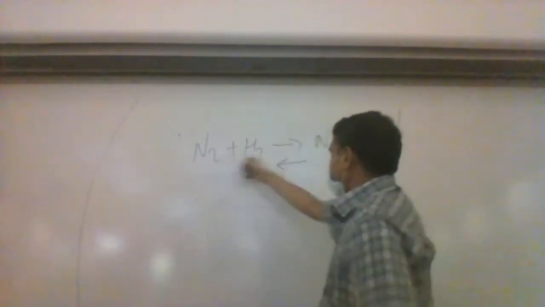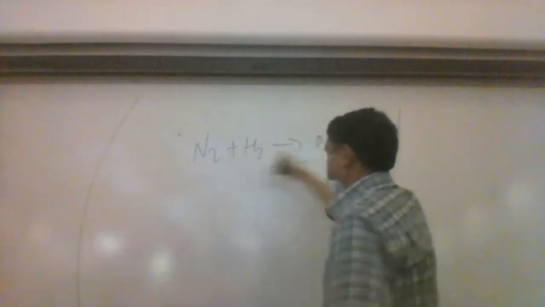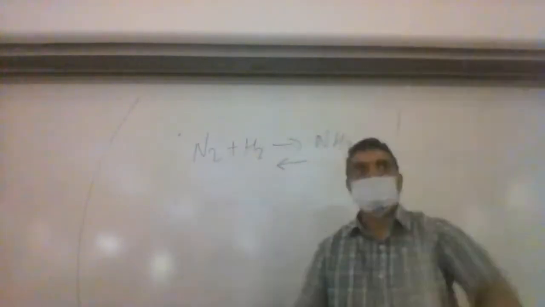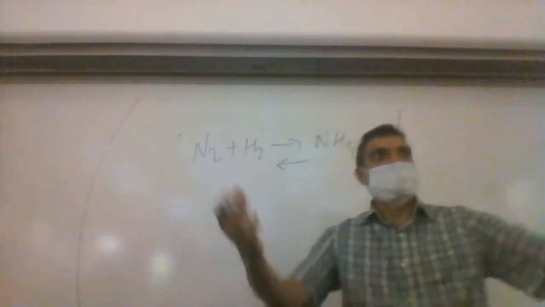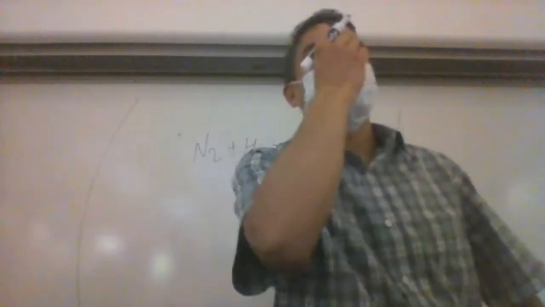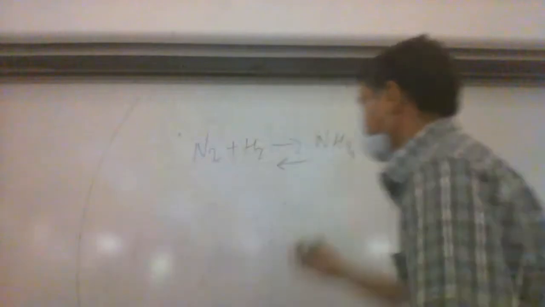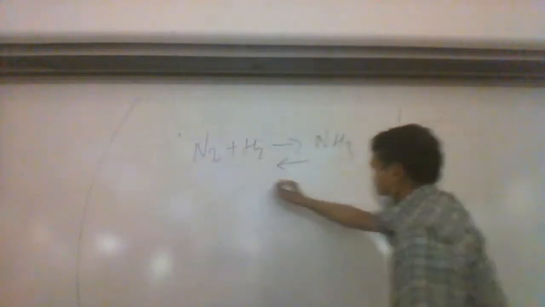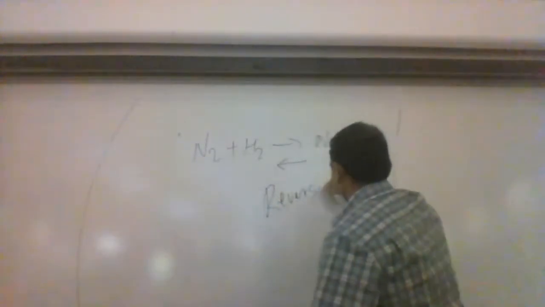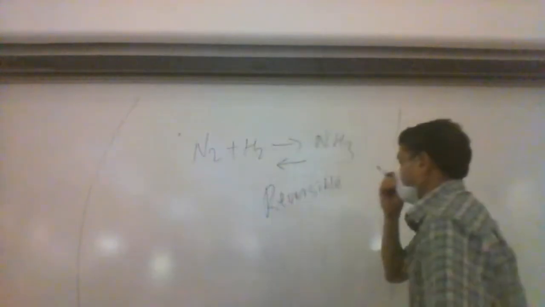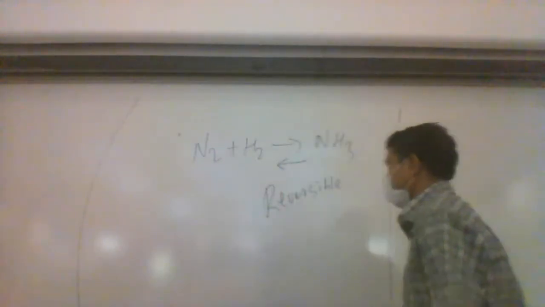So the reactants are forming the product, and the product is breaking to give the reactants. This is a continuously going process inside that reacting vessel. This kind of system is called a dynamic equilibrium. Continuously ammonia is breaking to give nitrogen and hydrogen, and continuously nitrogen and hydrogen are reacting to give ammonia. Reversible means that they go forward and they go backward, both ways.